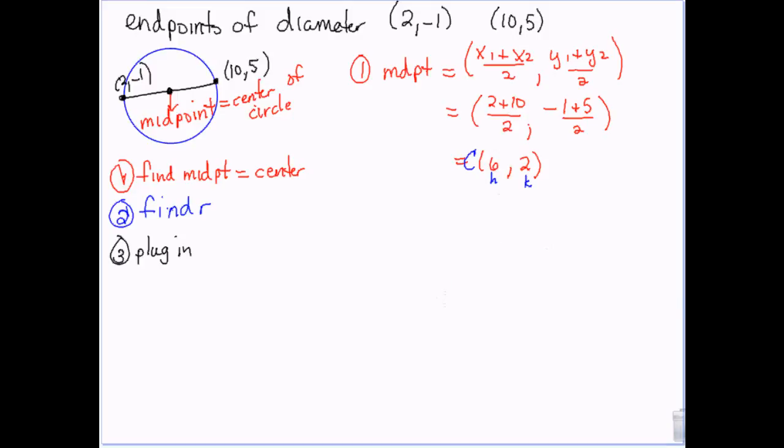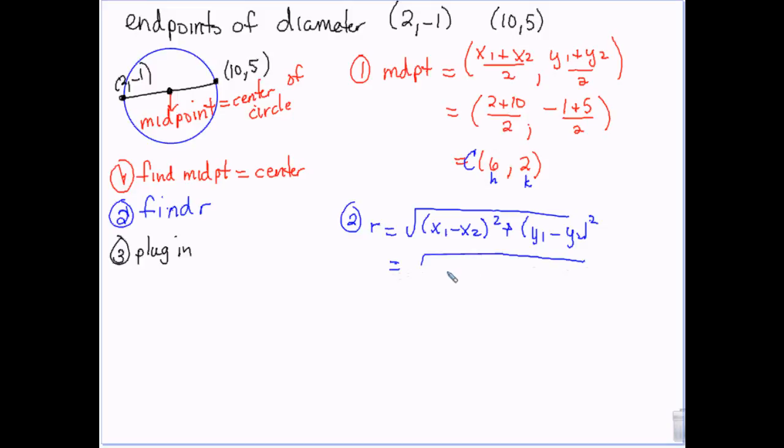Step 2, I need to find my radius, which means I need to use the distance formula. Now, I'm writing out every single step on these typically. There's a lot of this that you'll be able to do without writing everything down. Yeah, it is a lot of formulas.